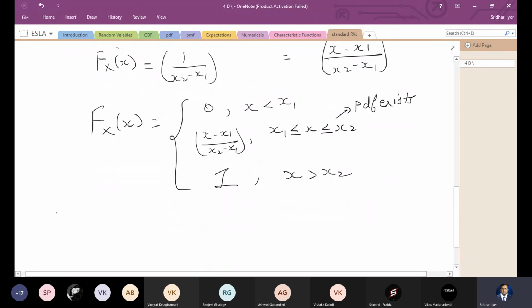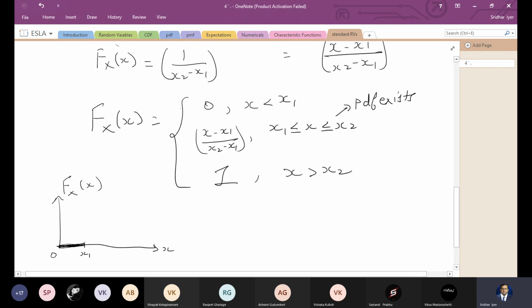X greater than x2. So if you want to draw this CDF, Fx of x, and this will be x. So you'll have nothing from 0 to x1 because it is 0. So I'm just going to shade that a little more. That value is 0. Then you have x minus x1 divided by x2 minus x1, which is a straight line. So you'll get a value like that. And this value goes till x2.